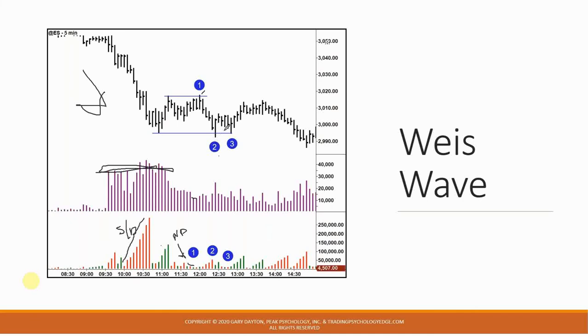So you either wait for a test, or you wait for another opportunity at some other point. You just forego this entry. Well, we get a nice test here. Not very clear on the standard volume, but look at the Weiss wave volume. We come back down to the support level here and we test it nicely. So there's your buy opportunity right there.